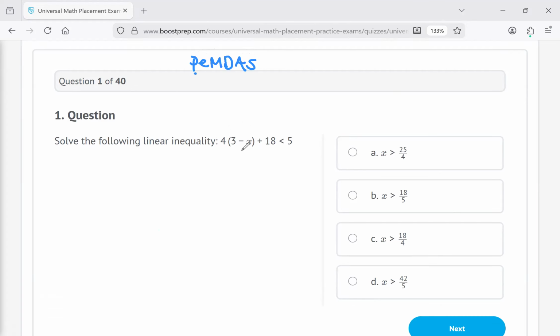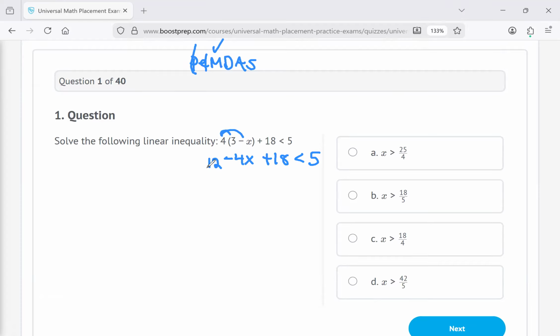There's nothing you can do inside, we have no exponents. We do have a multiplication. This 4 means multiplication. So 4 times 3 is 12. 4 times negative x is negative 4x. And then plus 18 is outside, so bring it down. Do not FOIL out the 4 and the 18. It is less than 5.